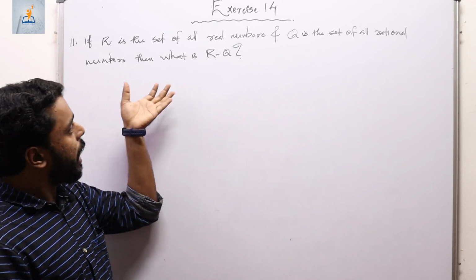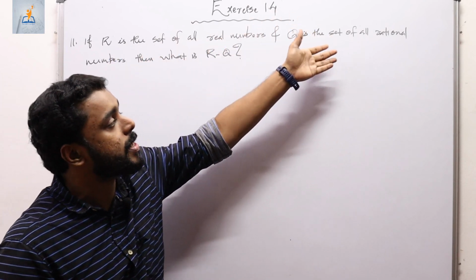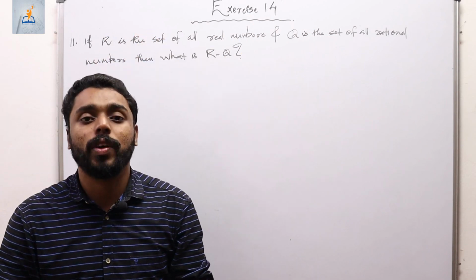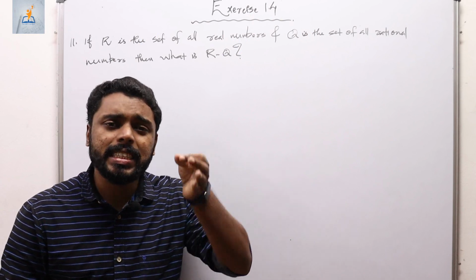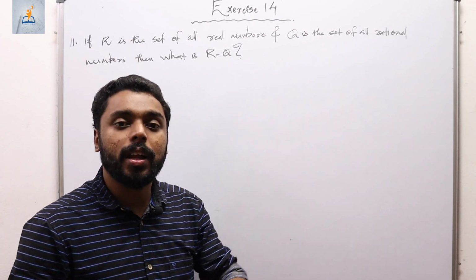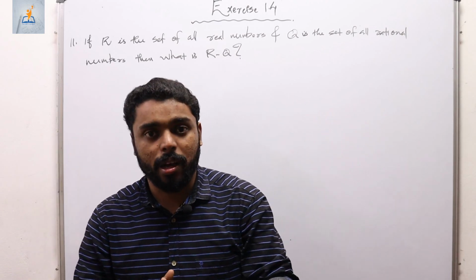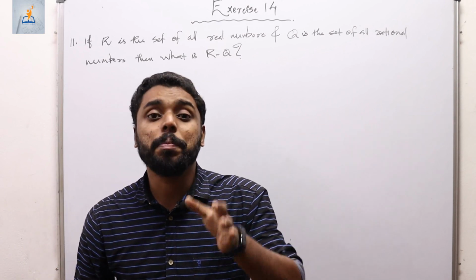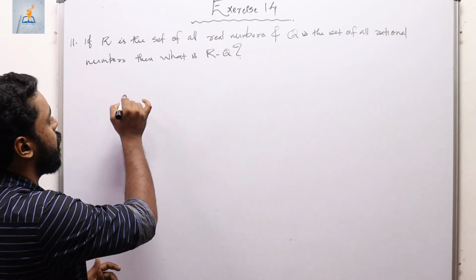So when we subtract the set of all rationals from the set of all real numbers, what remains will be the set of all irrational numbers, because each and every real number must be either a rational number or an irrational number. So if we subtract all the rational numbers from the real numbers, what remains will be the set of all irrational numbers.